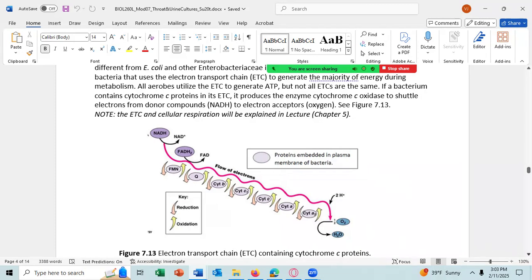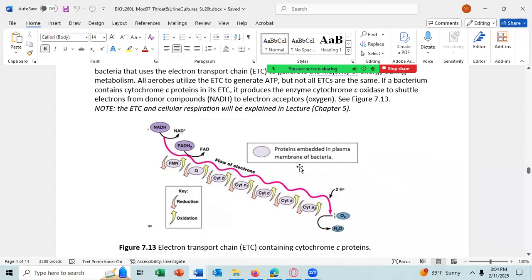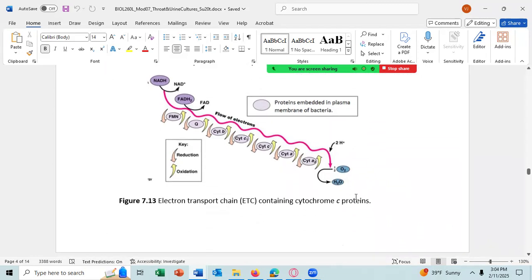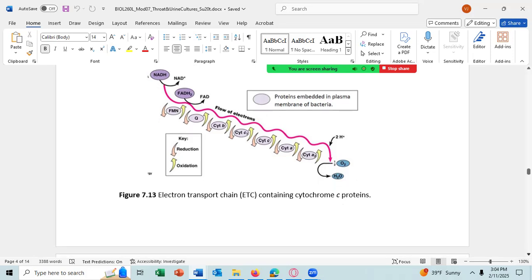So if the bacteria can perform aerobic respiration and have the electron transport chain, they will have cytochrome C oxidase, and they will be oxidase positive. If, on the other hand, they do not have this electron transport chain of aerobic respiration, they will be oxidase negative.